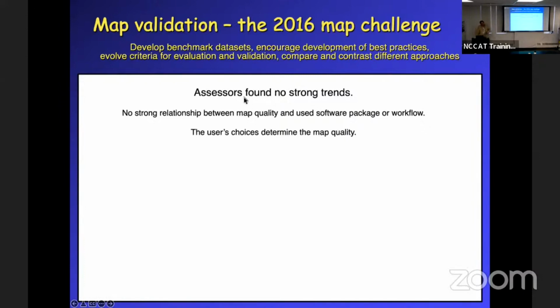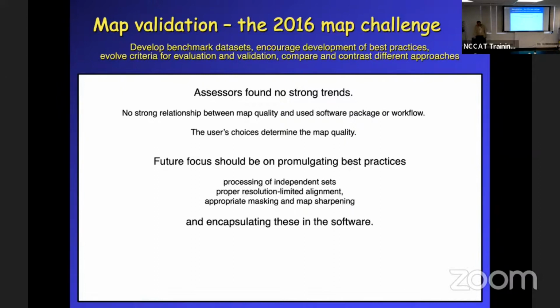So what really determined the quality of the map in the end was the choices you guys made, the people, the users. How they decide to do this will decide the resolution that you get in the end. And so they said, in future, what we need to focus on is to basically promulgate best practices, and courses like this here is a good way to actually promulgate these best practices.